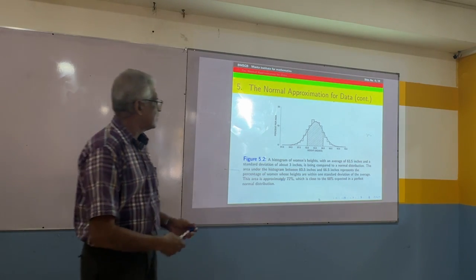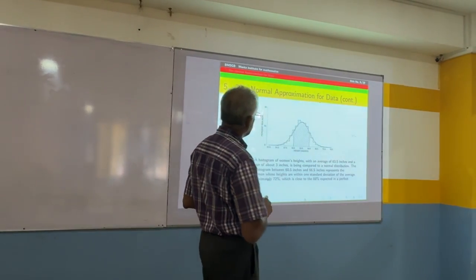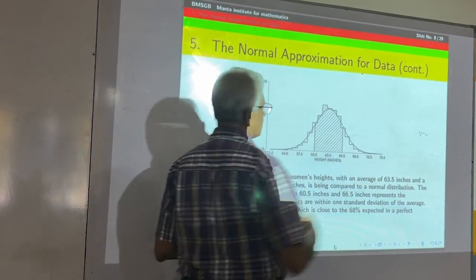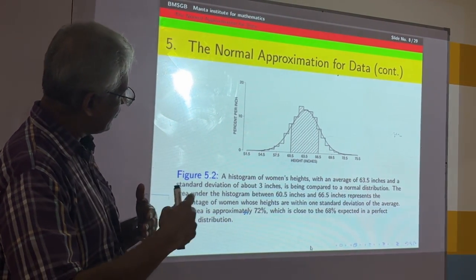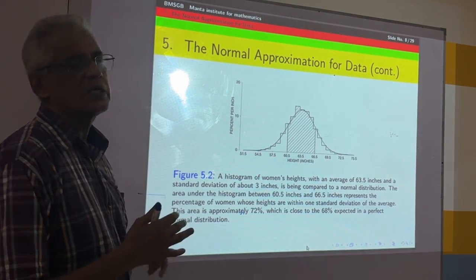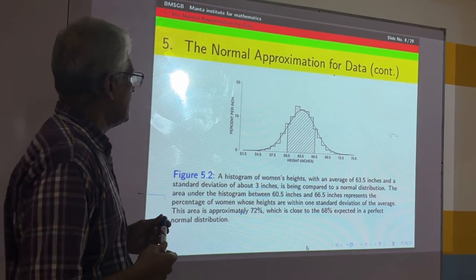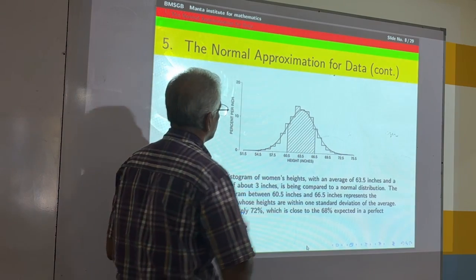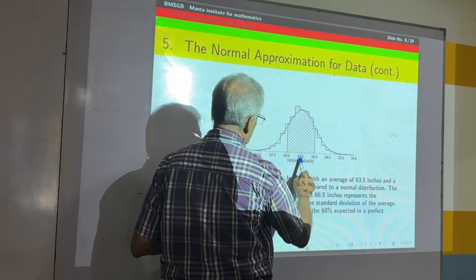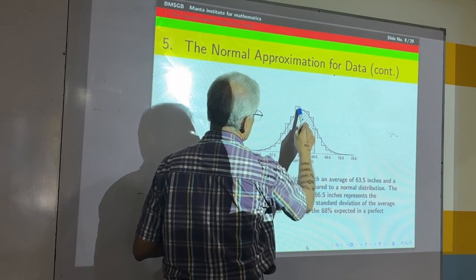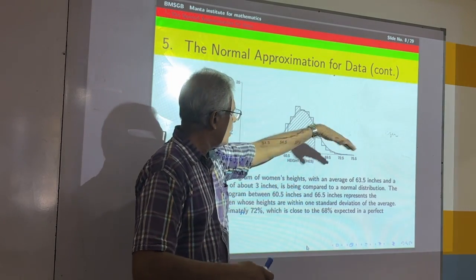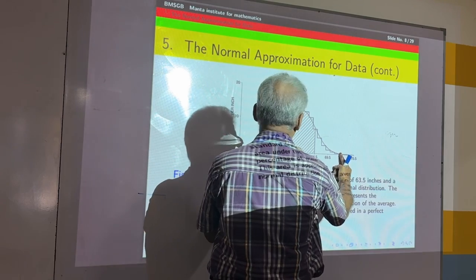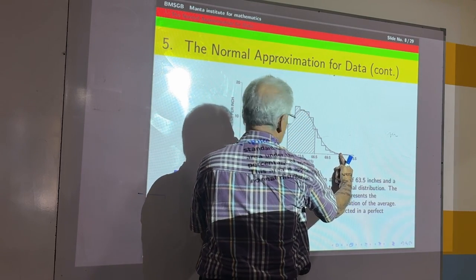So here, if I go back to the previous example again, even though the histogram is like this, it's very clear that it can be closely approximated by a curve. So what curve should we use here? We can roughly find out the mean mu has to be somewhere here for this particular curve. What should be the standard deviation? Almost all the area is between these two numbers.